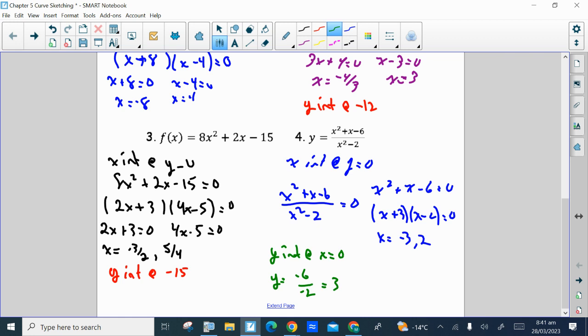So the y-intercept would be at +3. And we haven't been writing the coordinates, but this is where x equals 0. So there's your y-intercept at (0, 3). The x-intercepts are where y equals 0. So both those numbers are the x values, the y is 0.